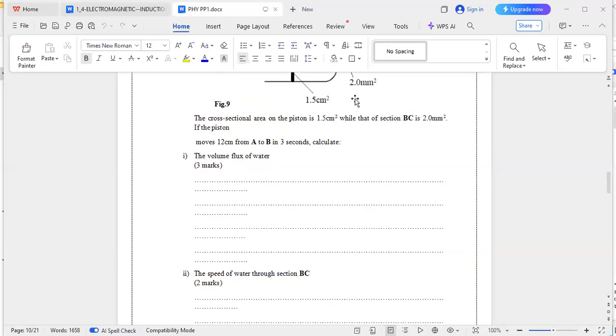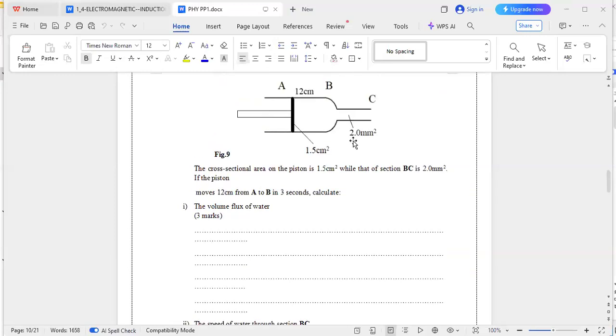Our A2 is given as 2.0. Change to meters times 10 to the power negative, because you now ask yourself how many millimeters squared make 1 meter squared. We know 1000 millimeters equals 1 meter.